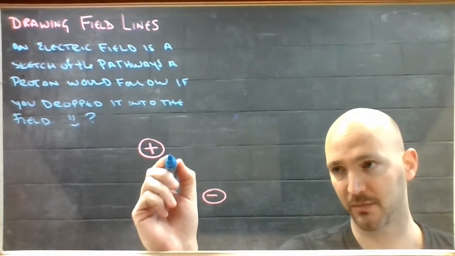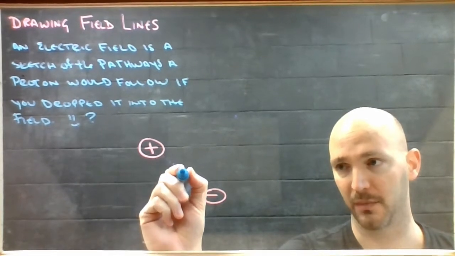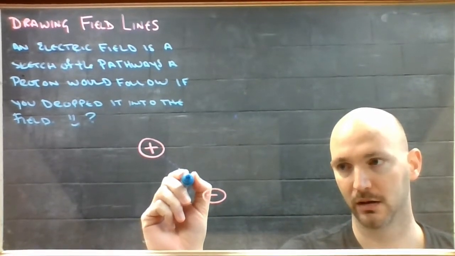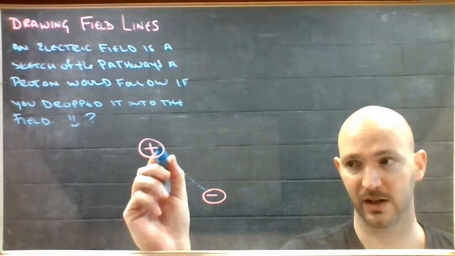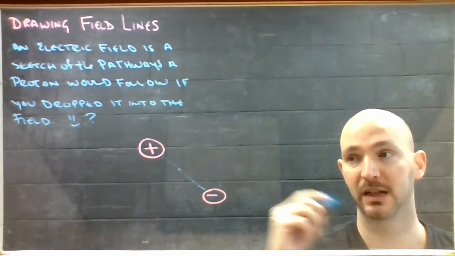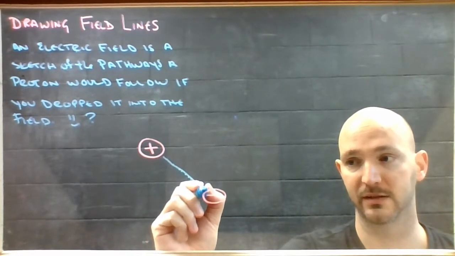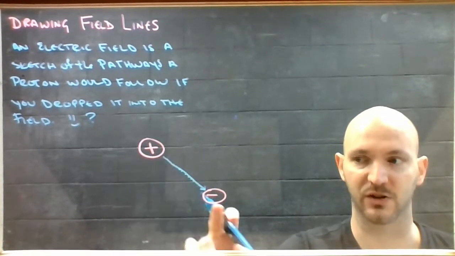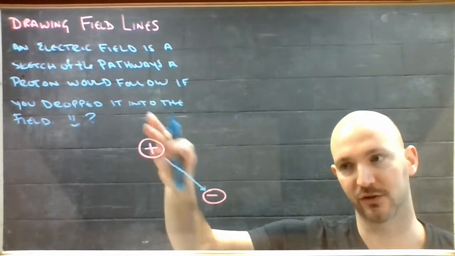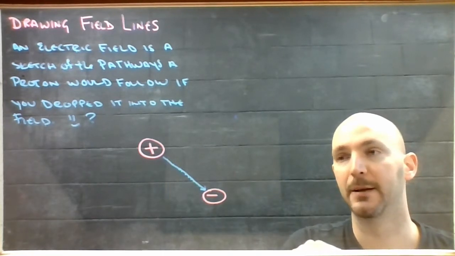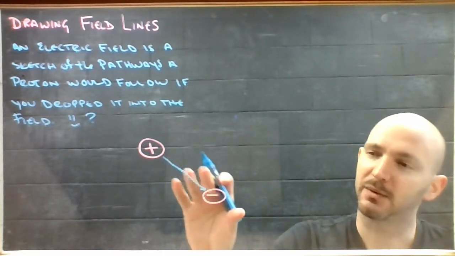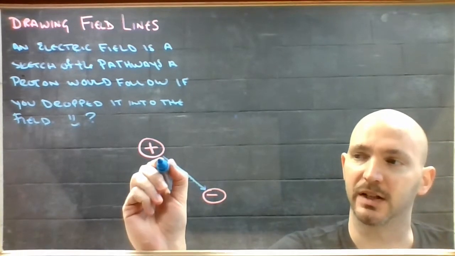If I put a proton anywhere between these two charges, on a line directly connecting them, it's going to be repelled by the positive charge and attracted to the negative charge. And it's going to just zip along that line. So I'm going to go a little bit over here.